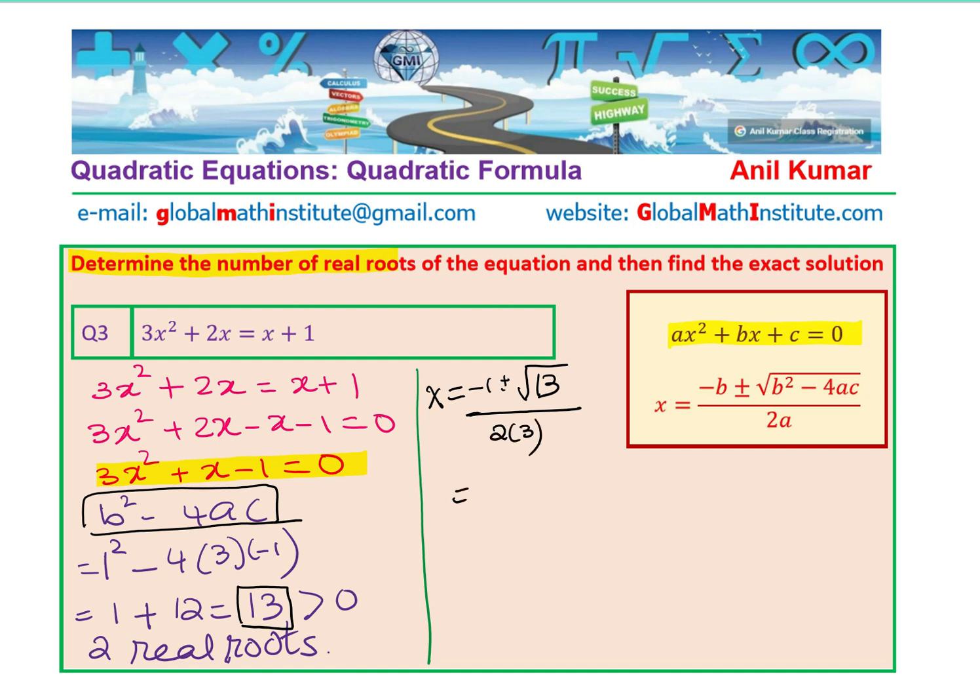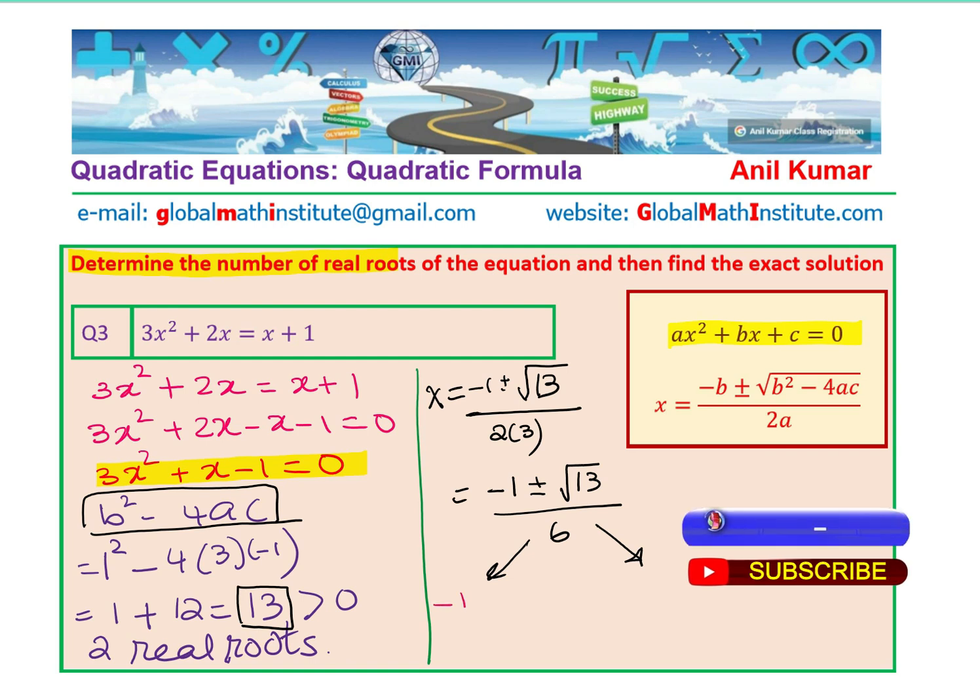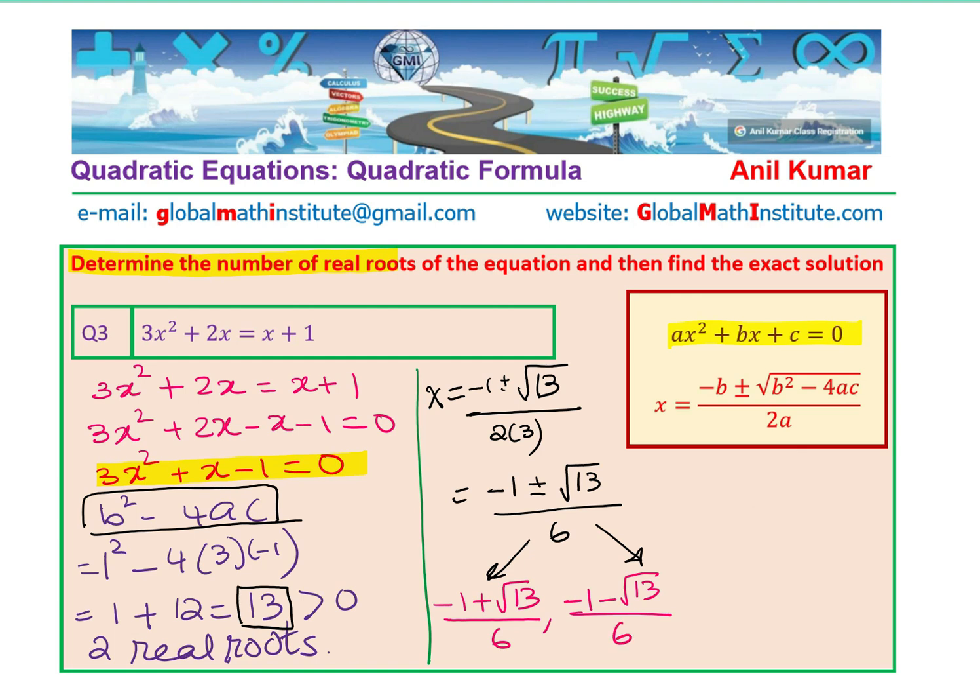So what we get here is minus 1 plus or minus square root 13 by 6. Makes sense? So we have two solutions, one with positive sign, the other one with negative sign. So we have minus 1 plus square root 13 over 6, or minus 1 minus square root 13 over 6. Do you see that? So that becomes the exact solution of the given equation. Perfect. So that is the exact solution.